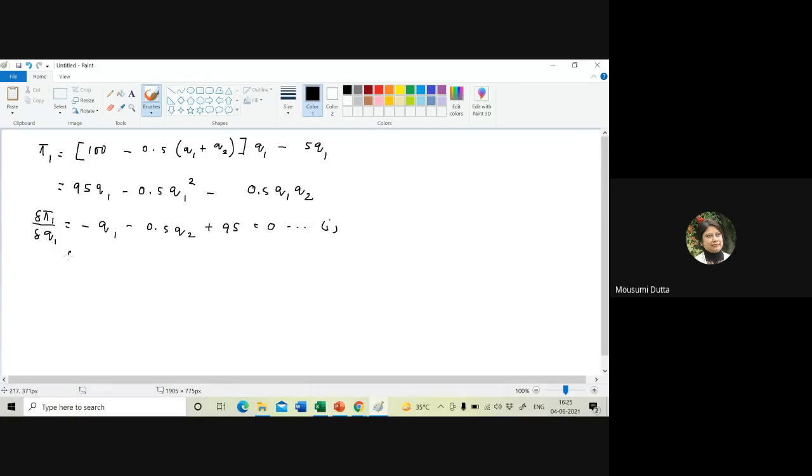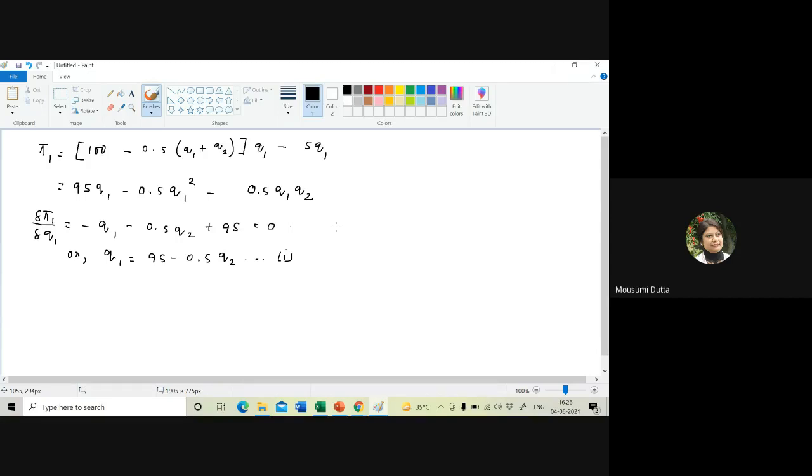This we will call equation number 1. So this is the reaction curve of firm 1.